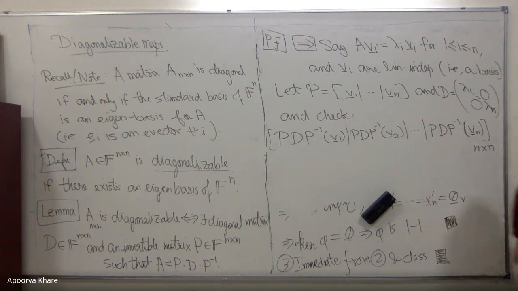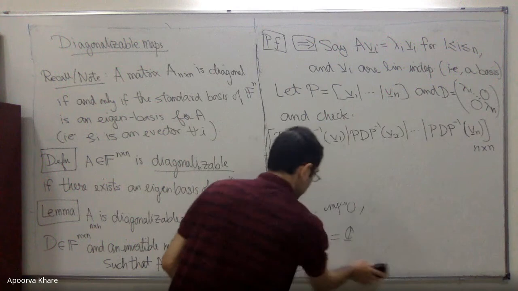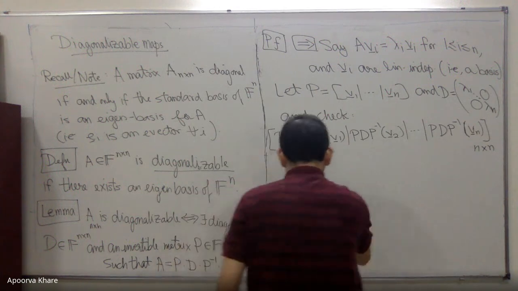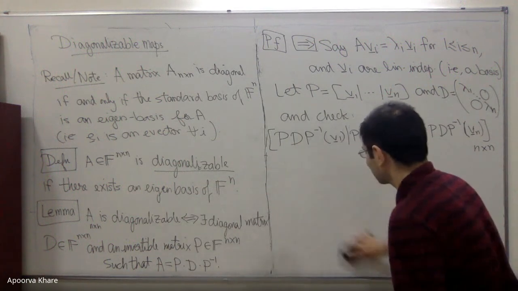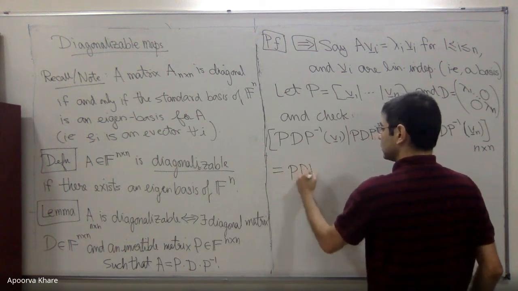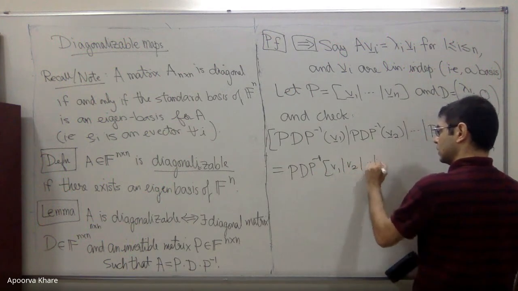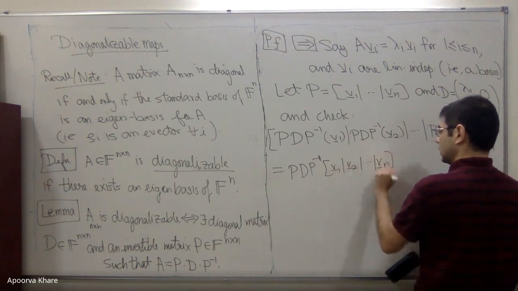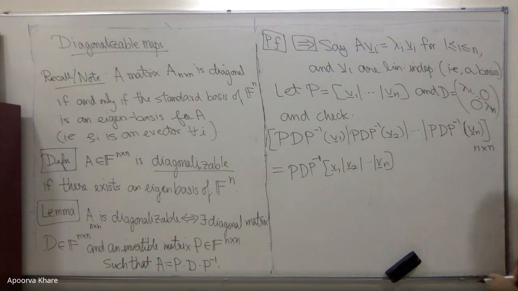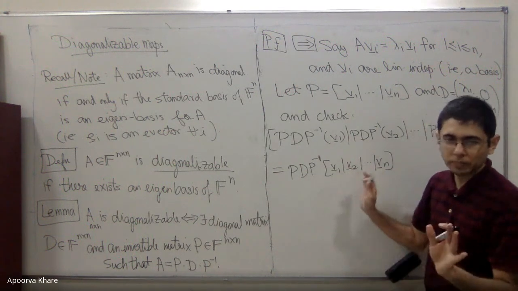Even though it looks very long, it's just n cross n. Now what am I saying? Just like scalars can be taken out of vectors, you can do the same thing here. This is just block matrix calculations.